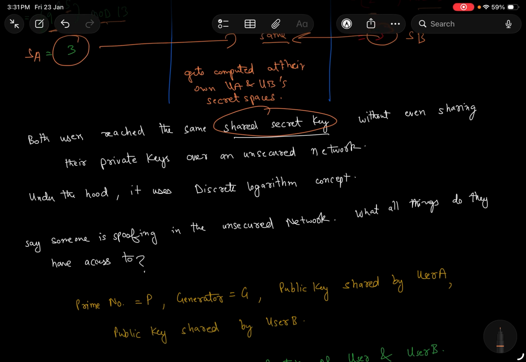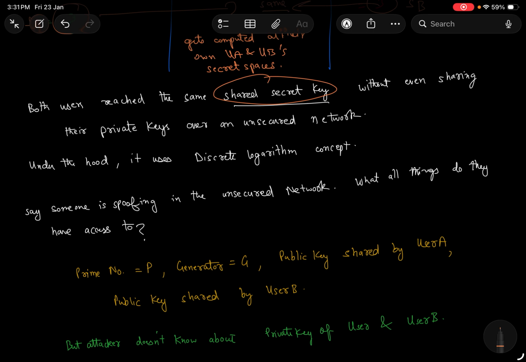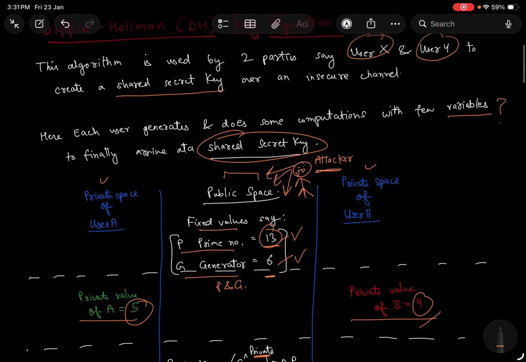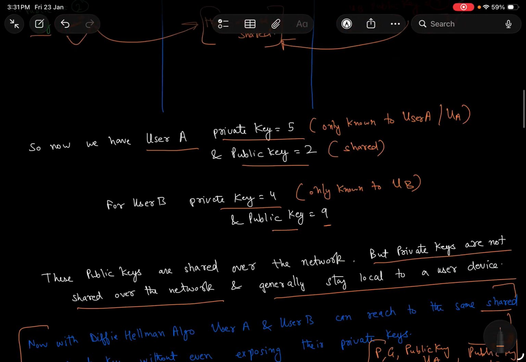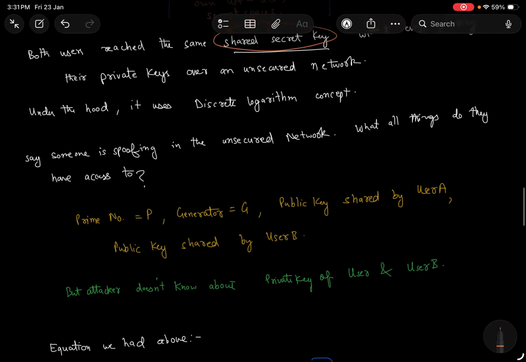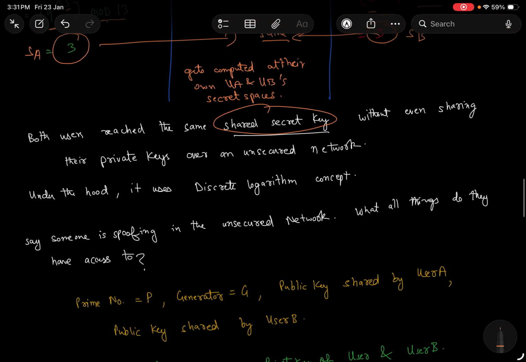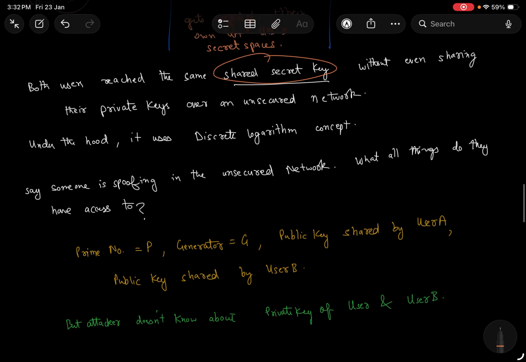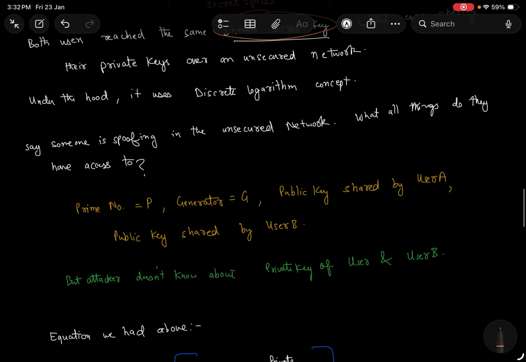Let's say someone is spoofing in the unsecured network. What all things do they have access to? As we saw above, we had an attacker sitting in the public space and watching that unsecured network, these two users talking to each other. So what all things can the attacker have access to?